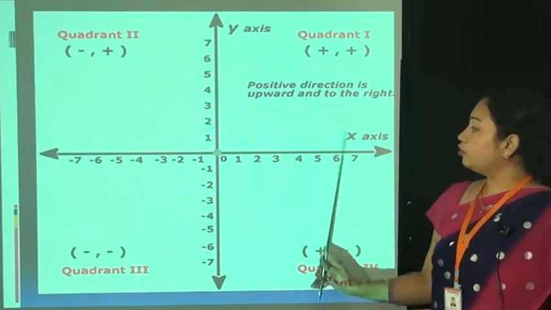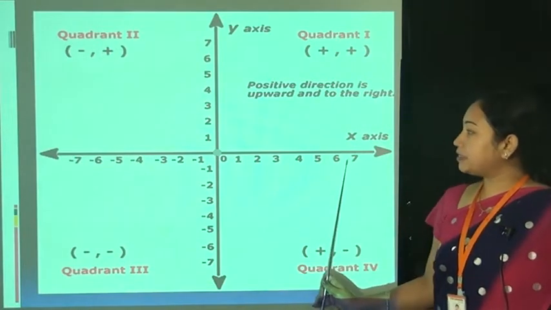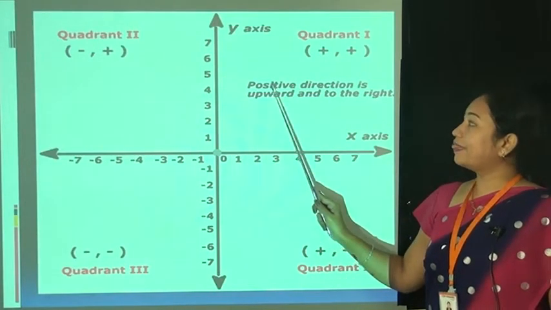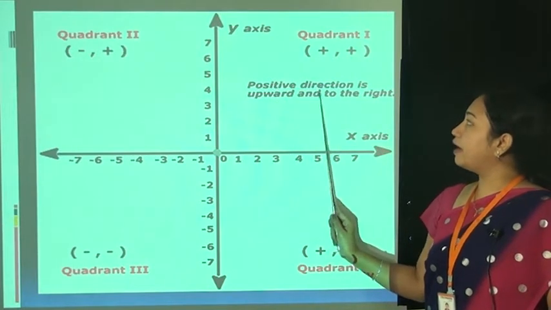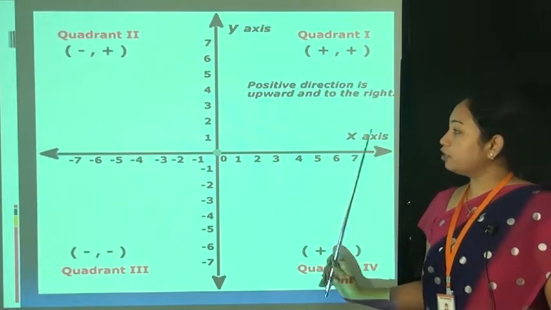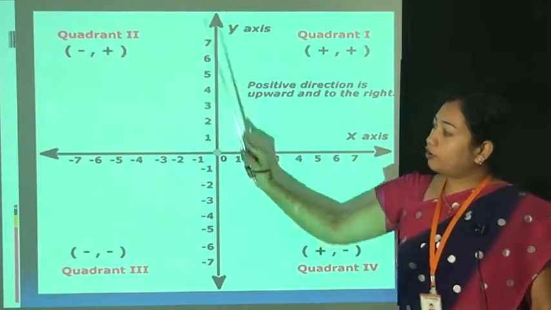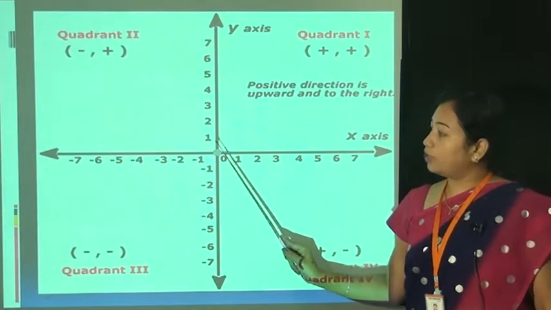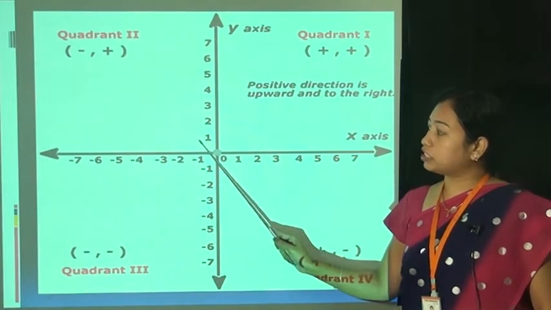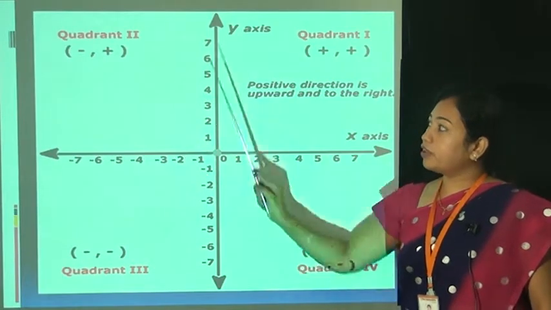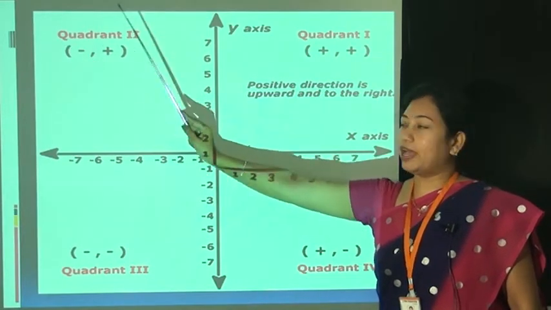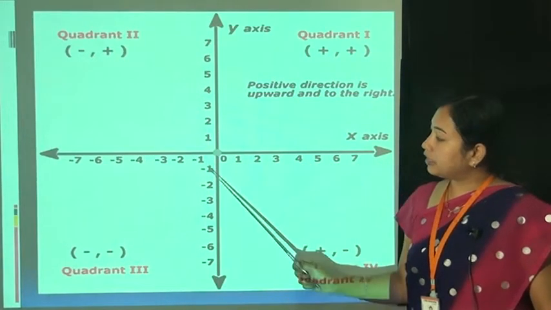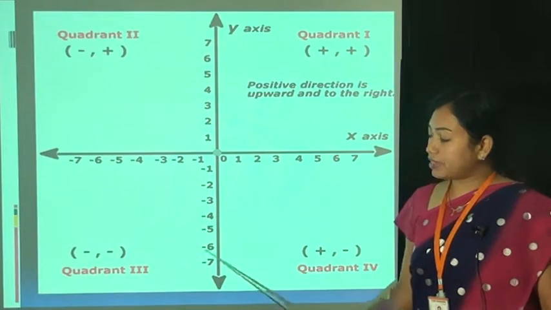In the first quadrant you can see the value on the x axis and the value on the y axis are positive. That means positive direction is upward and to the right. Now in the second quadrant the value on the x axis is negative and the value on the y axis is positive. In the third quadrant x is negative and y is also negative.